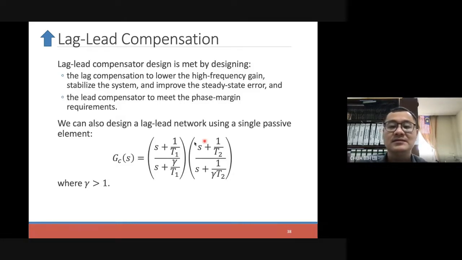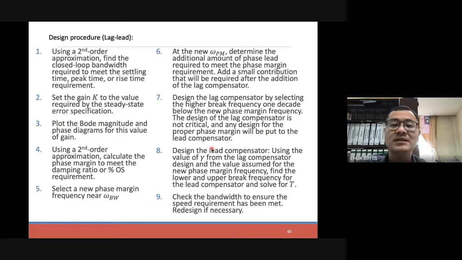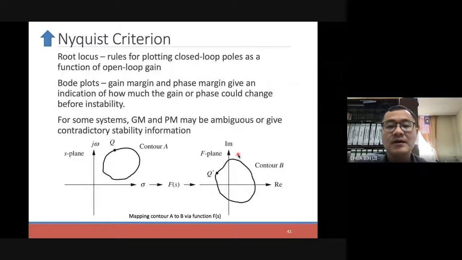The design may take more time, but it is very similar. You just do one lag, then the lead, according to where you want. And also this one, the Nyquist Criterion, I will not cover it as well.